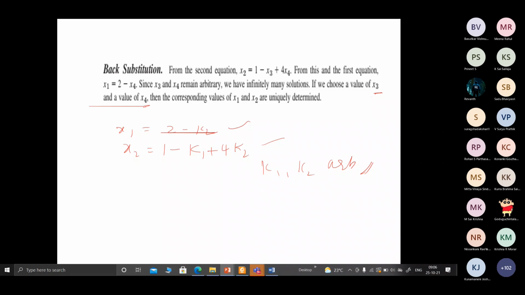Correct? Any questions here up to this? Well, we shall see another case, where there is no solution.